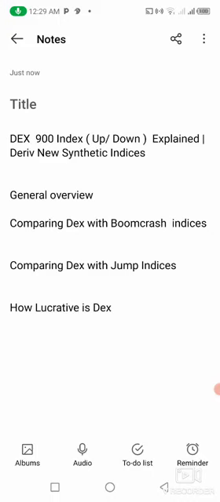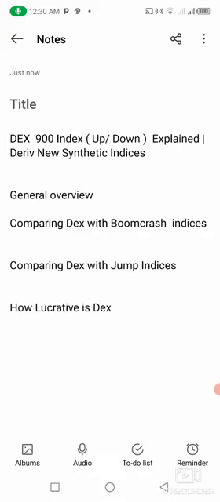The decentralized exchange is not for synthetic indices. In other words, when you hear DEX, it means derived indices. That's what it means. The X there means index.